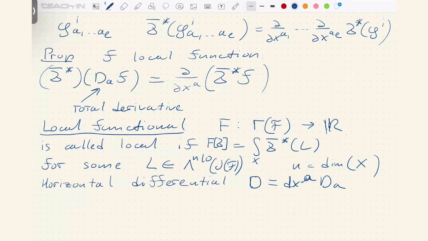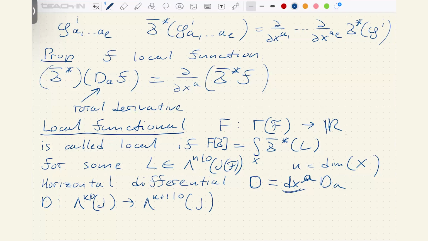And now it acts on horizontal forms because it brings dependence on dx, but it doesn't bring vertical differentials of fiber coordinates. So D is a map from wedge k,0 of our jets to wedge k+1,0 of our jets. So it raises by 1 the horizontal degree.